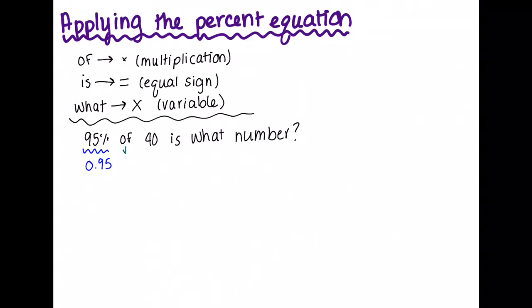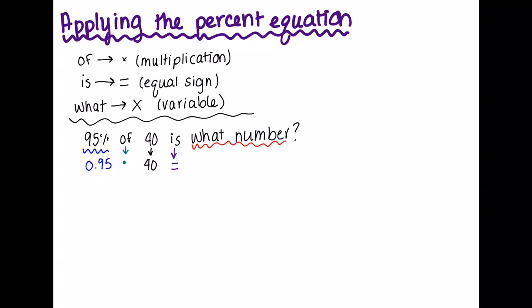This of right here is going to be multiplication, so I'll just use the dot for multiplication here. Of 40, 40 just comes down, is translates to an equal sign, and then this whole statement here, what number?